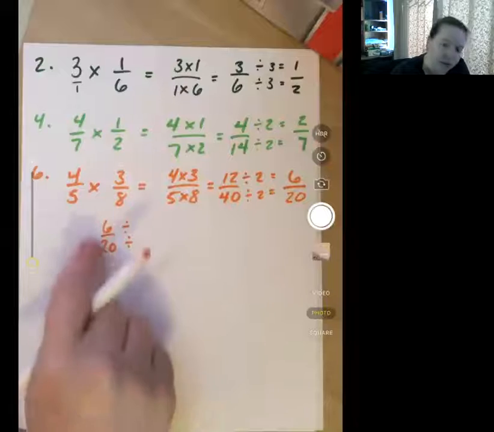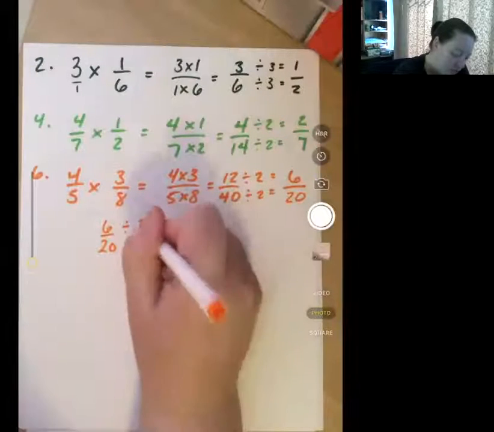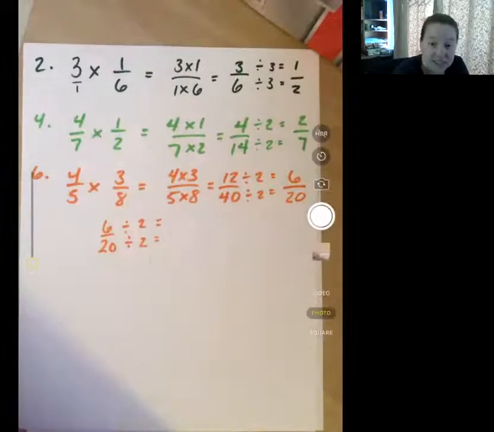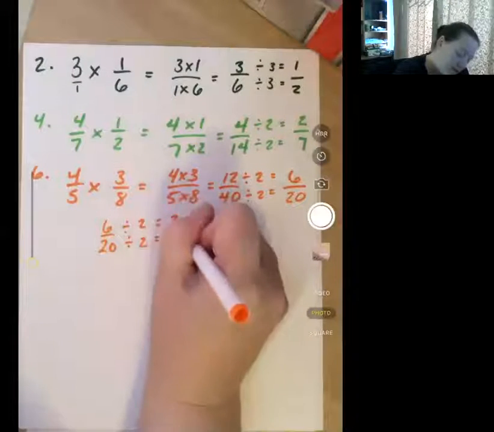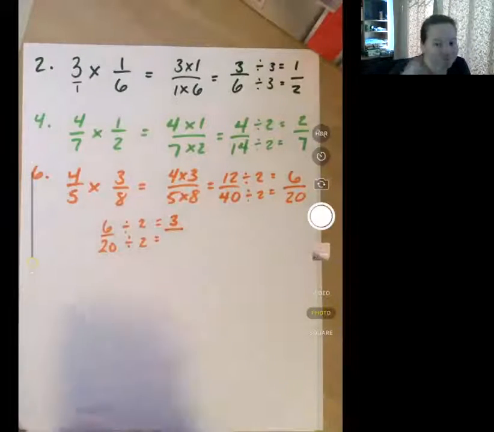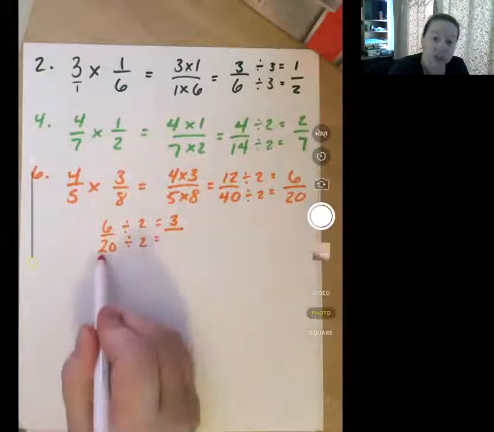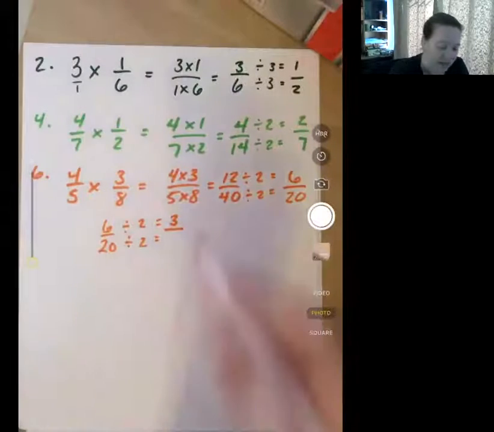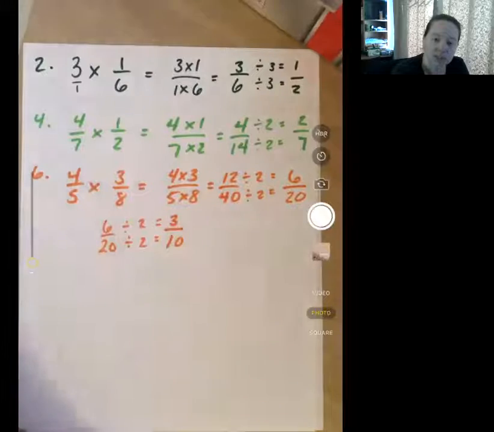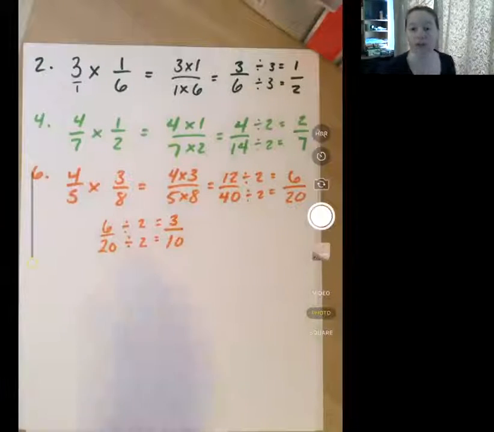They're both even, so we can take out a 2. 6 divided by 2 is 3. 20 divided by 2, once again, we can look at it and go, oh, the 2 goes into the 2 1 time. And then I just put down the 0 with it. So I now have 3/10.